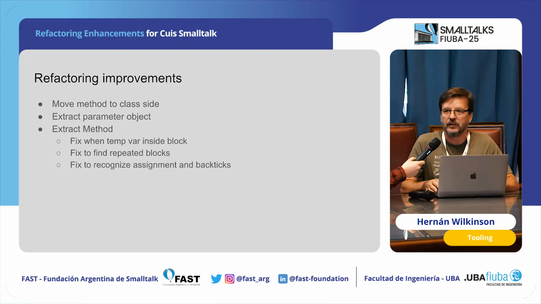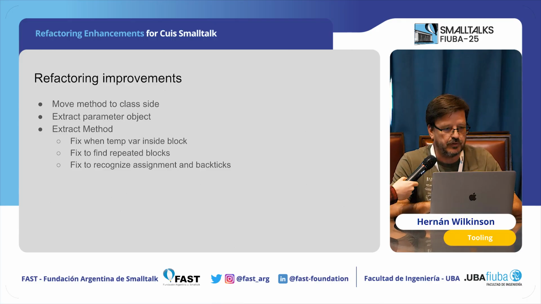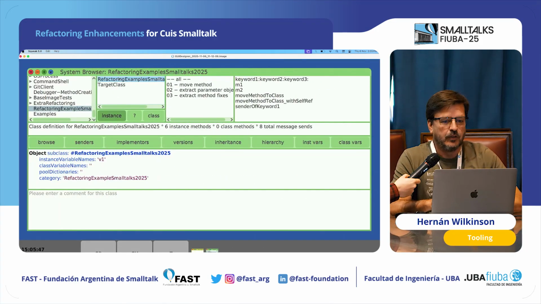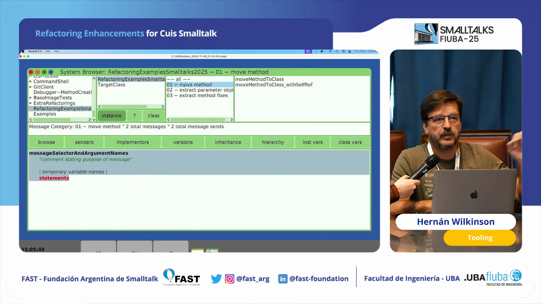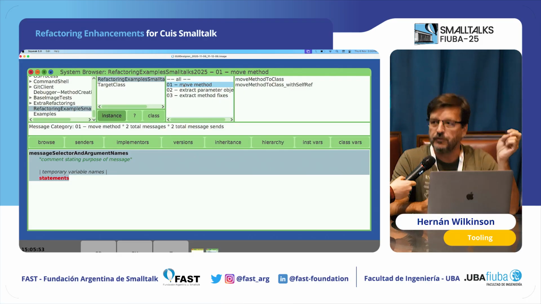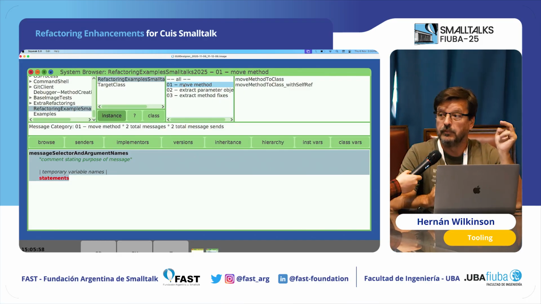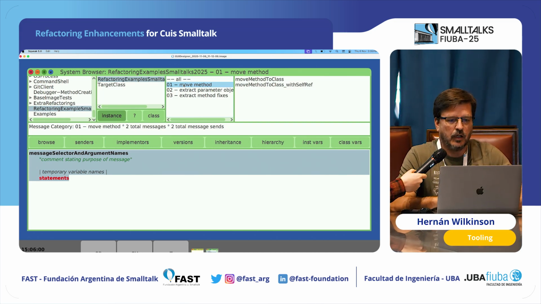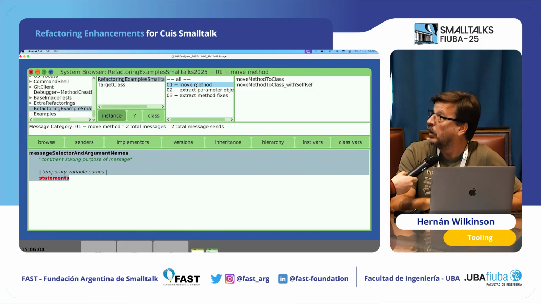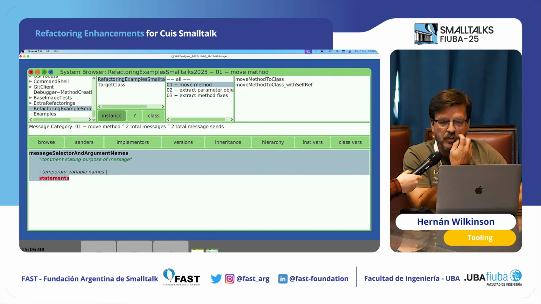But I want to start showing some of the small things that other students have done. Last year we presented the struct class, move method, and move instance variable, work done by Maxi Cabezon, and he made some improvements to those refactorings that I want to show.